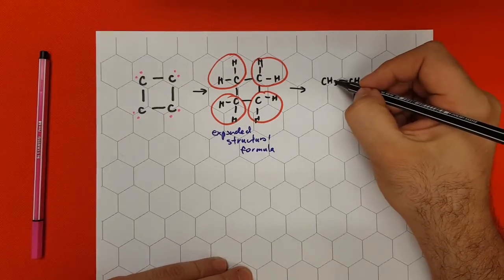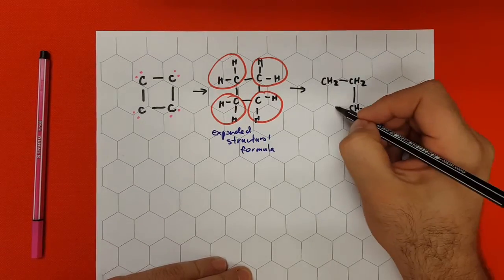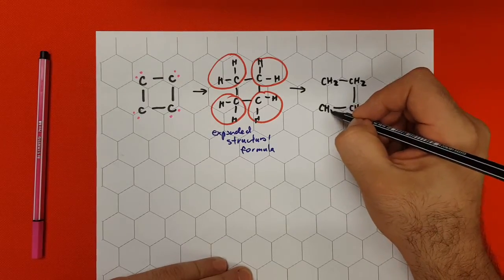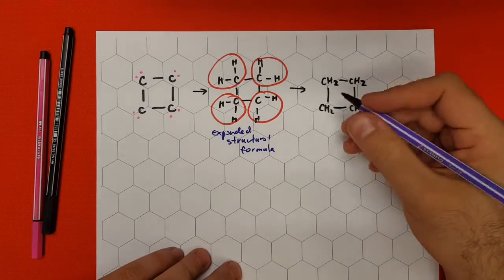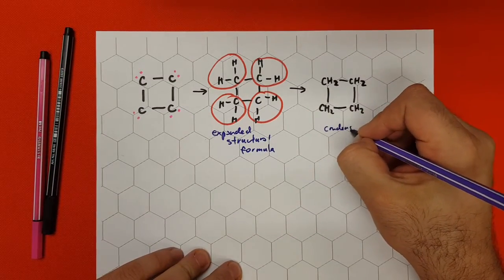I'm sorry, I made a mistake up here. CH2, CH2. Then we connect to another CH2, and then we close up over here. So then these 3 are equivalent, and we just finished our condensed formula.